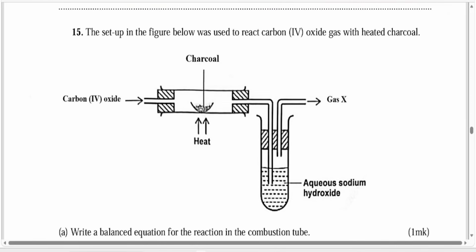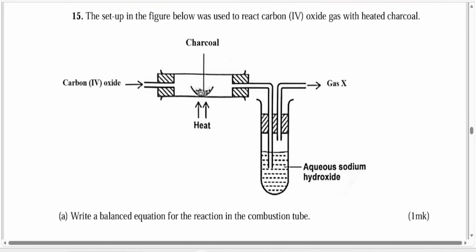Question 15. The setup in the figure below was used to react carbon dioxide gas with heated charcoal. We know charcoal is just carbon. So carbon dioxide passes through a combustion tube that contains charcoal. And then we have aqueous sodium hydroxide placed within a boiling tube, and then we have gas X moving to another point.